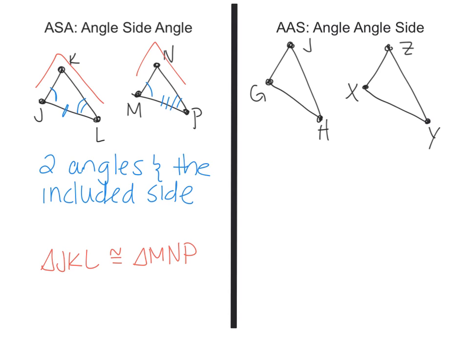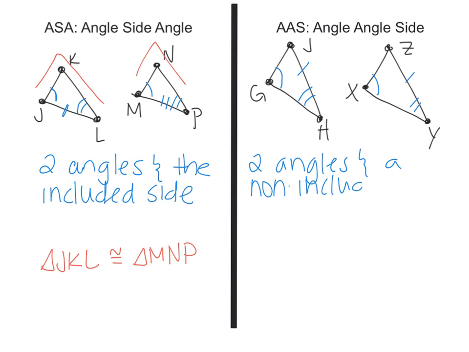All right, AAS, or angle, angle, side. Here we have two angles and a non-included side. So I have angle, angle, side, angle, angle, side: two angles and a non-included side.